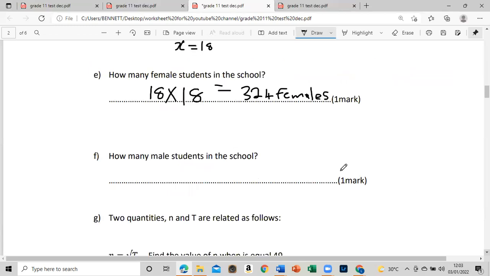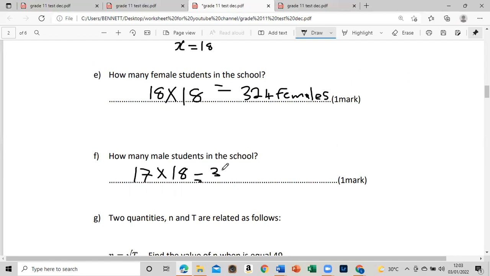How many males? So males would be 17 times 18, because 18 represents 1. So it's very easy. Or we could have just subtracted this from the 630. Either way, we're supposed to get the right answer, right? So it's 17 times 18. Give us 306.